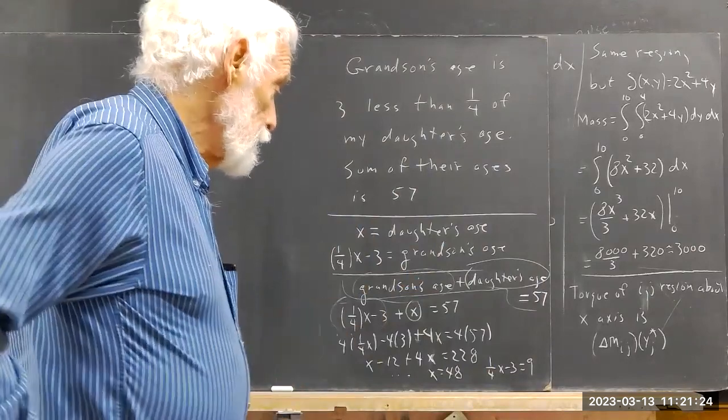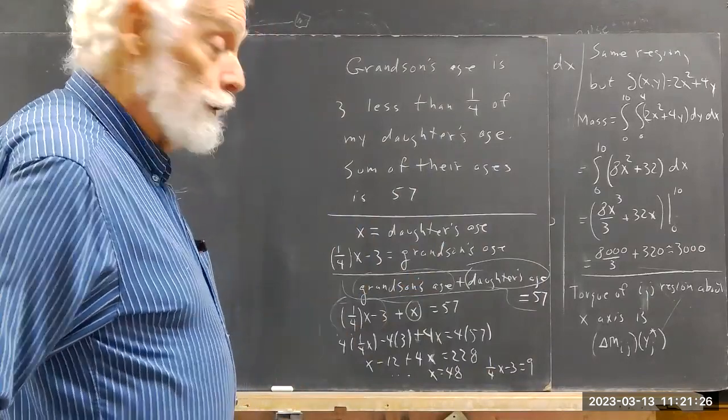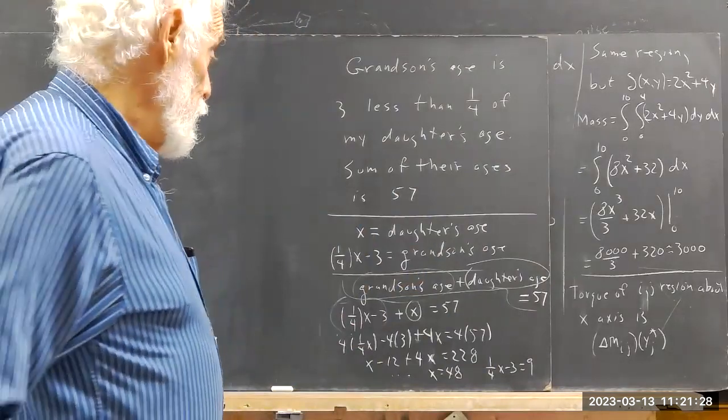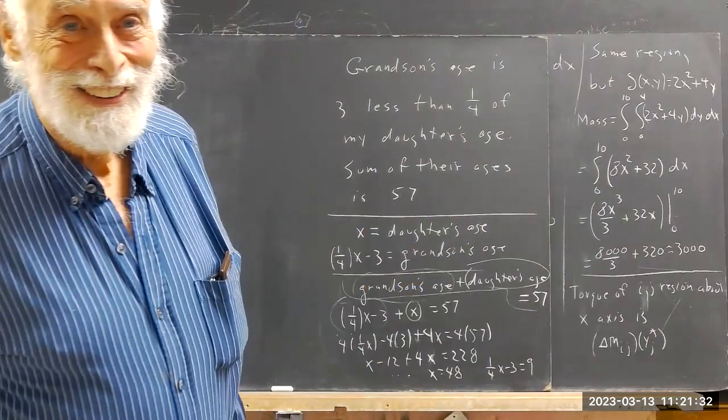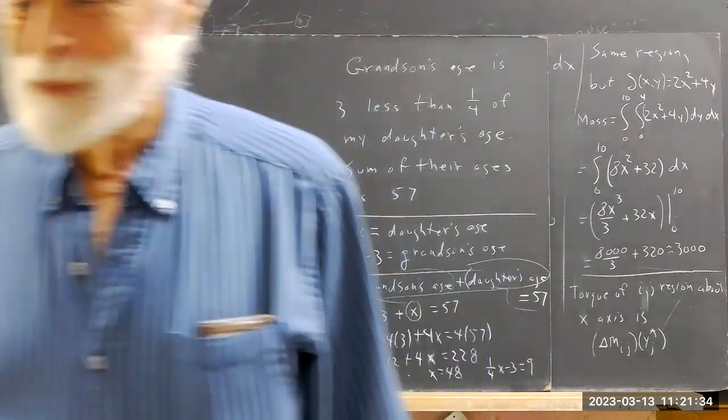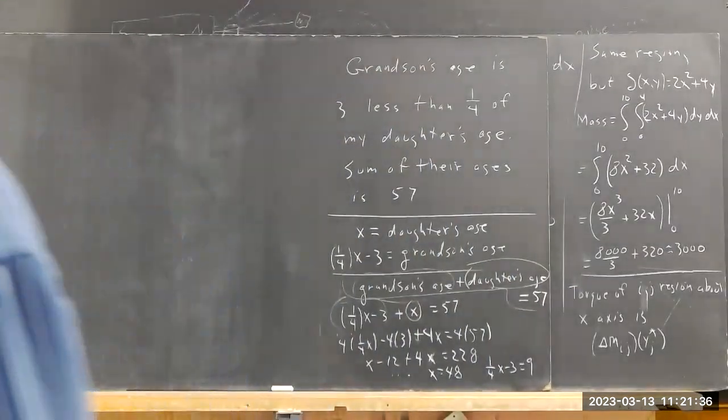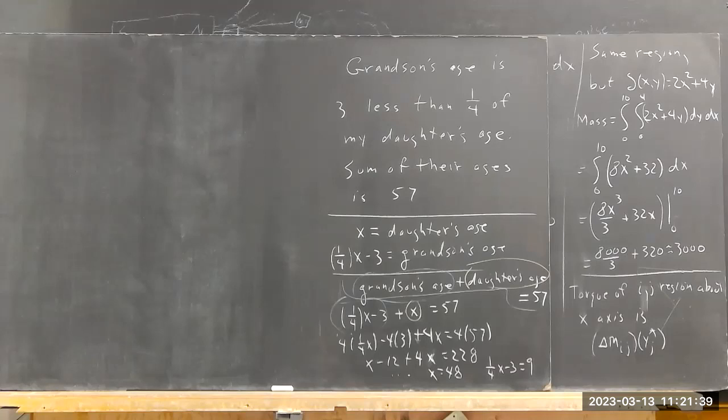I did fudge that a little bit, and I'm going to get in big trouble if my daughter sees this because she won't be 48 until her birthday in about 3 months. So I'm kind of anticipating that. But I had to make the numbers come out right.